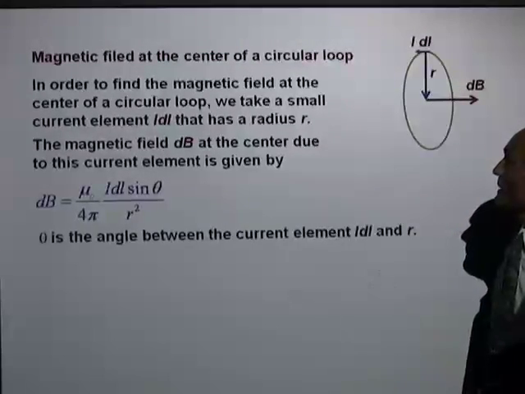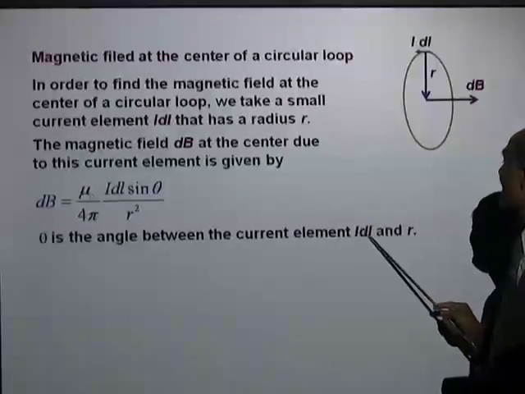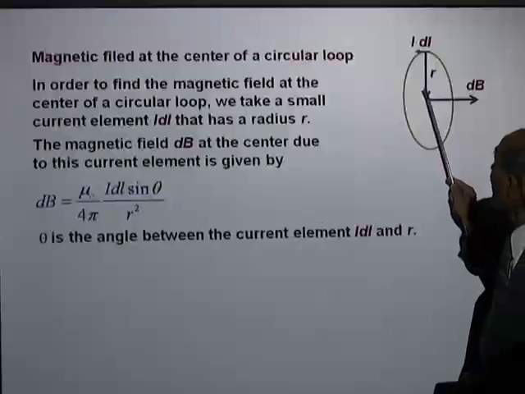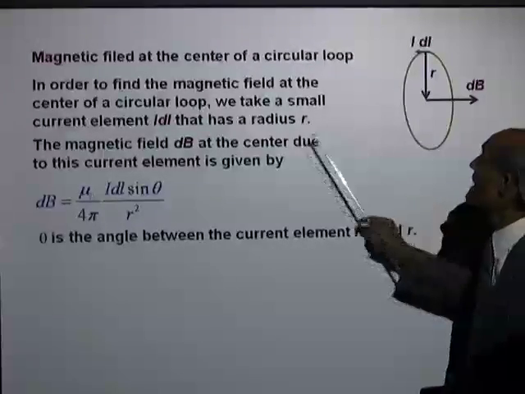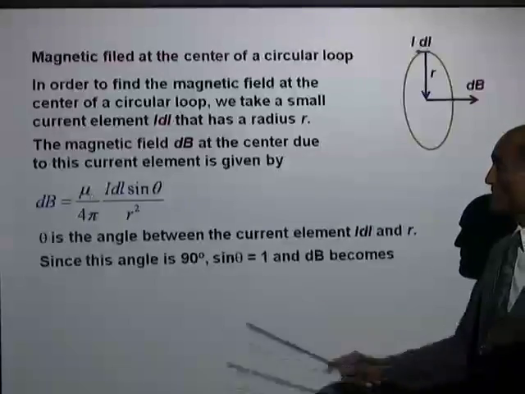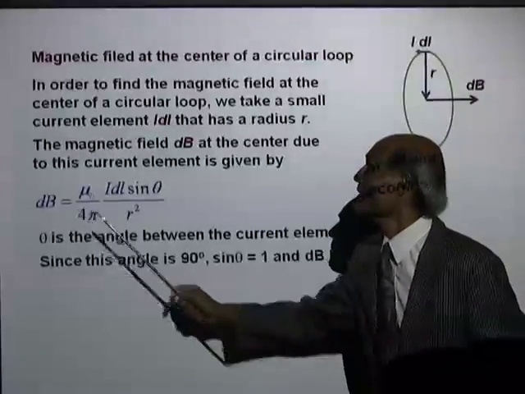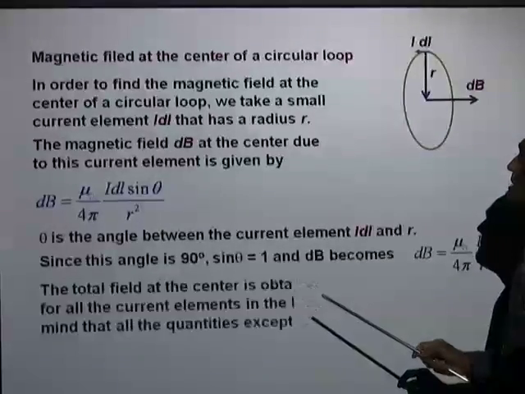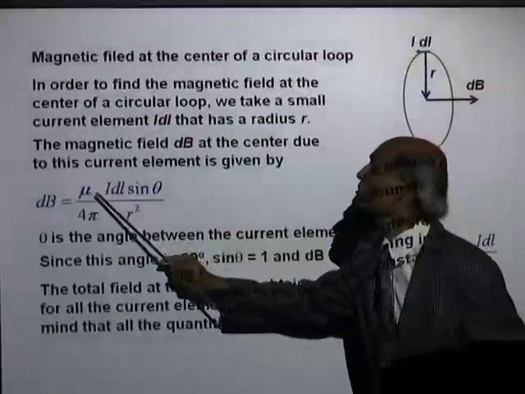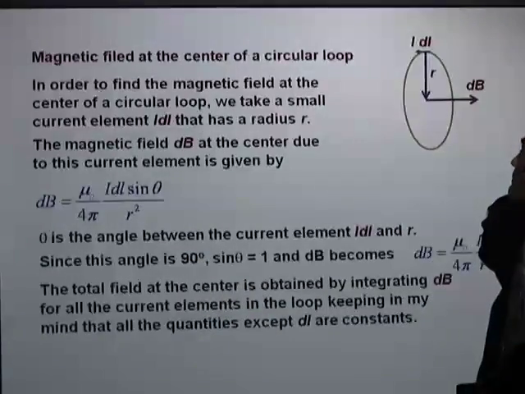Now, theta is the angle between the current element IdL and R. In this case, theta is 90 degrees, so sine theta is 1, and therefore dB equals mu 0 over 4 pi, IdL over r squared.